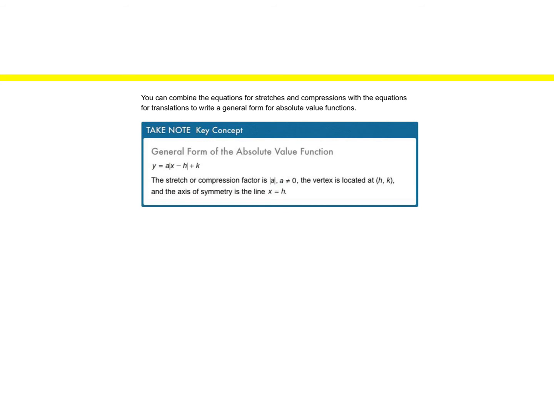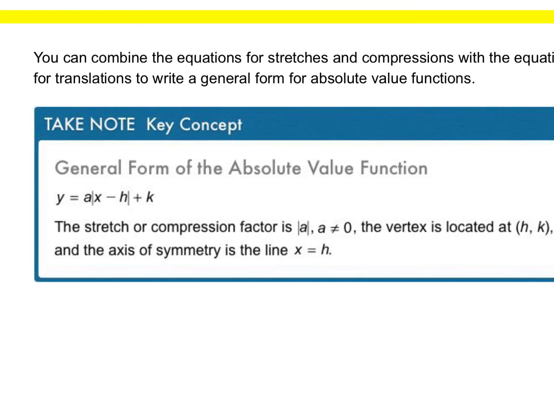All right, so next we're going to look at the general form of our absolute value function. So there's a lot on this page, but once we start to do examples, it'll be easier and you'll see it a little bit better. So this is our general form of the equation.